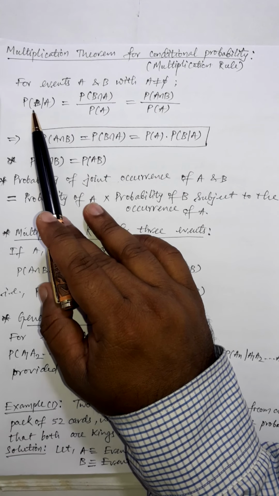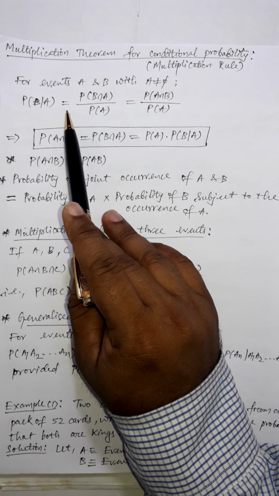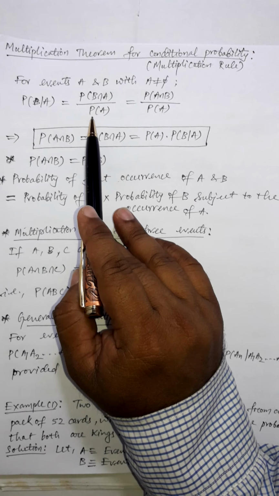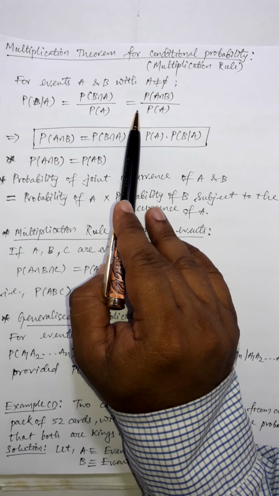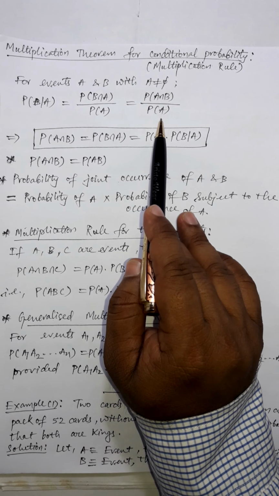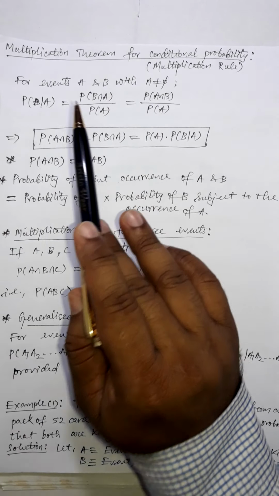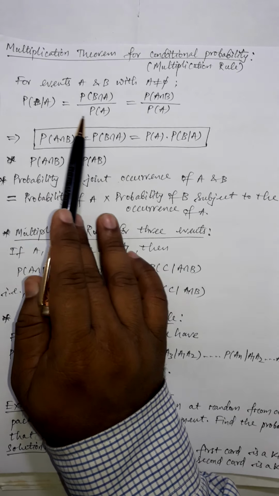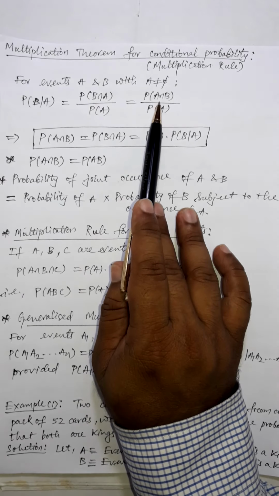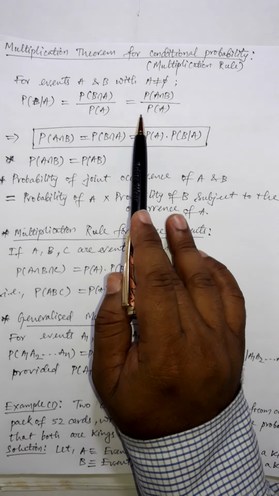Then the conditional probability of B subject to A, as we know, its formula is probability of B intersection A divided by probability of A, which is also equal to probability of A intersection B divided by probability of A. Now if we multiply this denominator, which is probability of A, with the conditional probability, if we cross multiply it, then we will get the probability of A intersection B or the probability of B intersection A, because both are same.